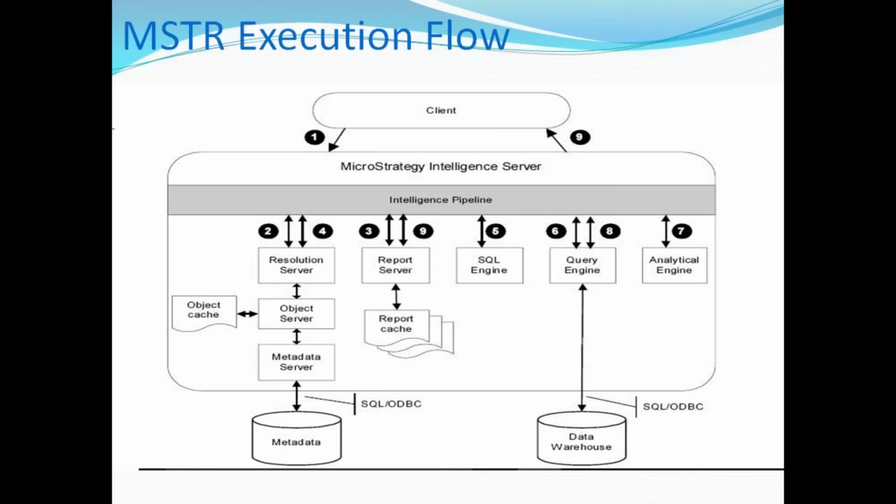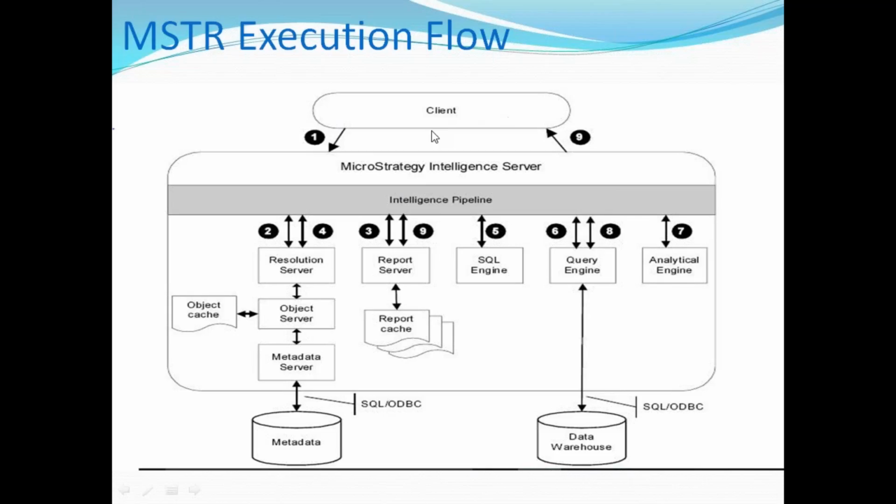After execution of a report, we filter the data. So view filters, OLAP services, grand totals, subtotals, formatting, all these things are done at your analytical engine. Once it is done, through the Intelligent Server pipeline, it passes the control back to your interface, any interface you develop.